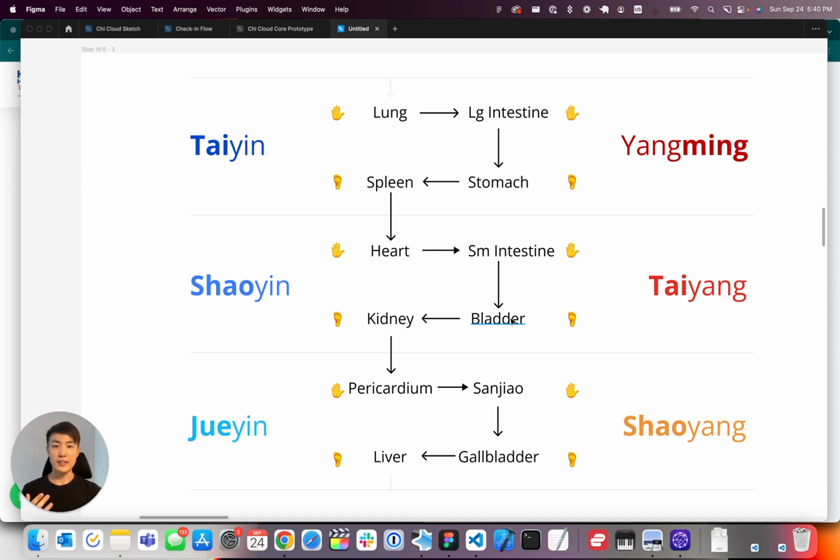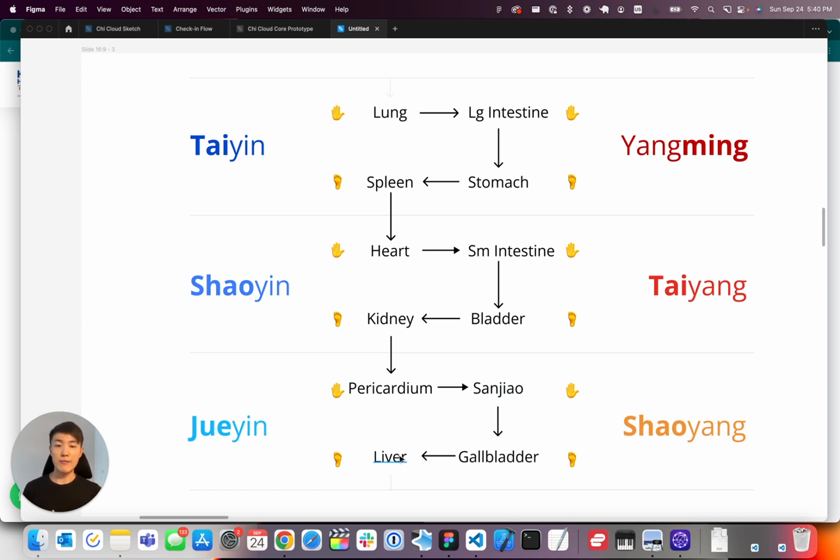And so that's the next interior-exterior pair, followed by the pericardium and sanjiao. So the pericardium and sanjiao, sanjiao being the container of organs, so that's next in terms of how this is going more and more internal, that's your thoracic cavity.